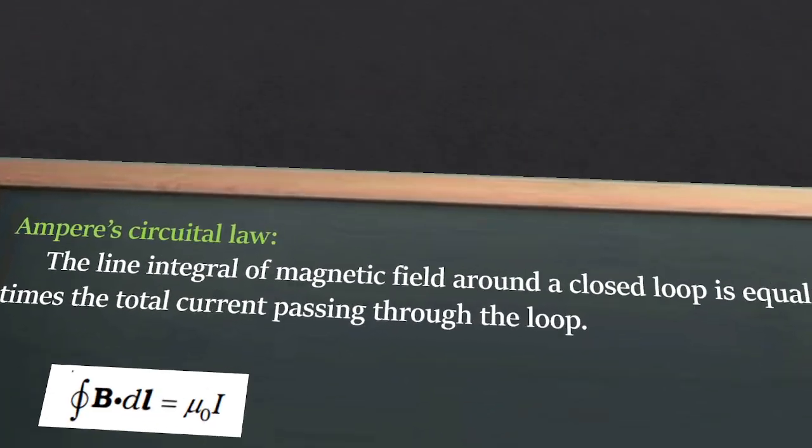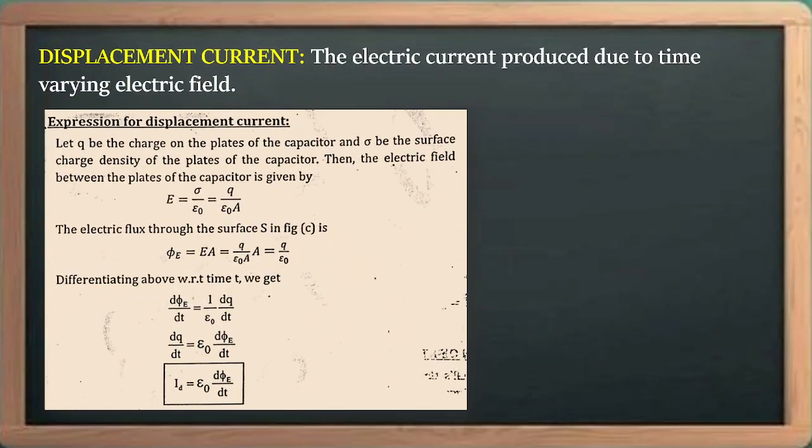Displacement current is the current produced due to varying electric field. This definition is important. He derived the expression for displacement current, given by id is equal to epsilon naught d phi by dt.